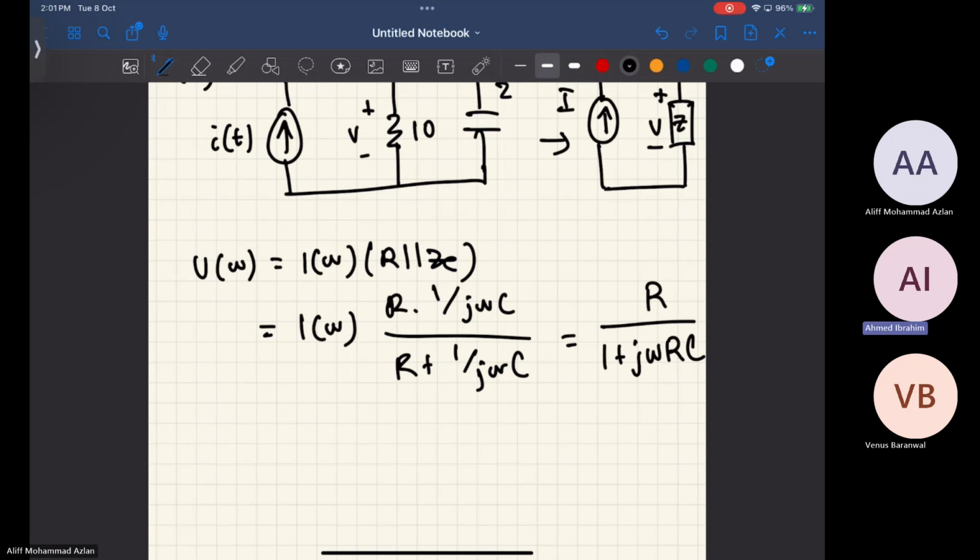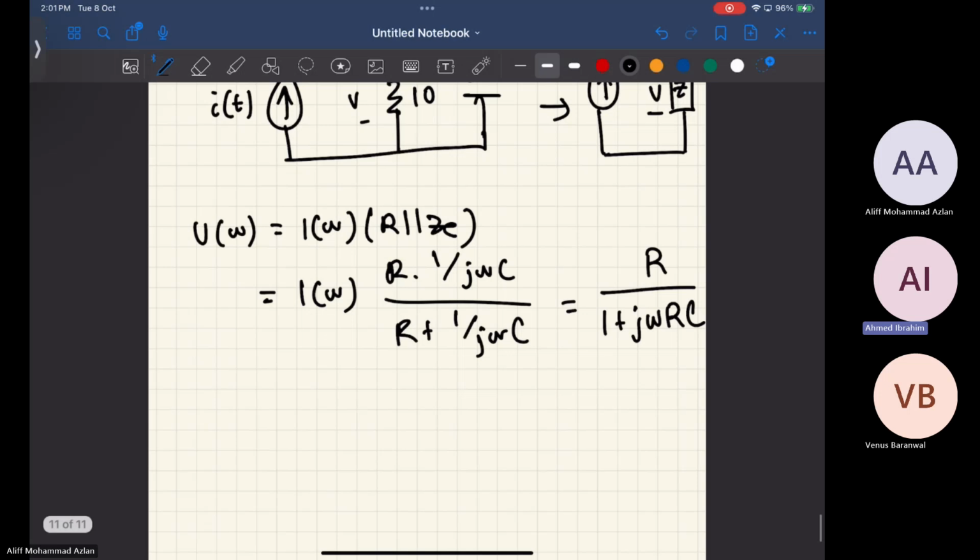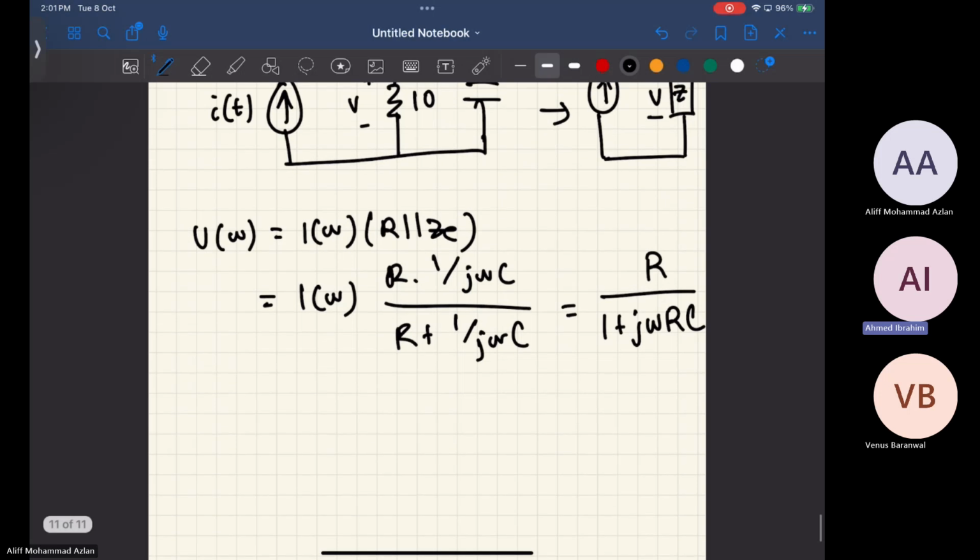Now we can just simply substitute the different harmonics into this expression. So we can substitute omega 0, omega 1, and omega 2, where omega 1 is just 1 times omega 0, and omega 2 is just 2 times omega 0.